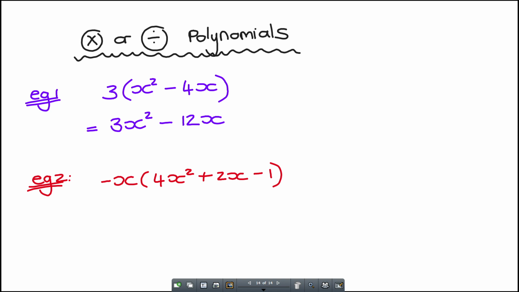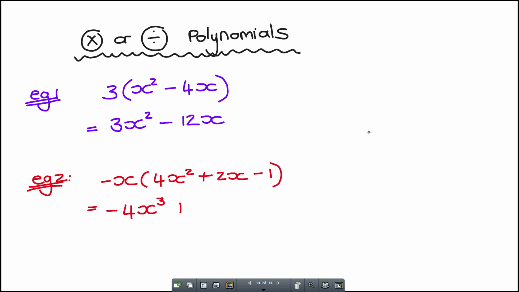Not just with x, because that minus is a part of the x. Okay, so minus x times 4x squared will become minus 4x to the power of 3. Good. Now, x times x squared. Right? Good.